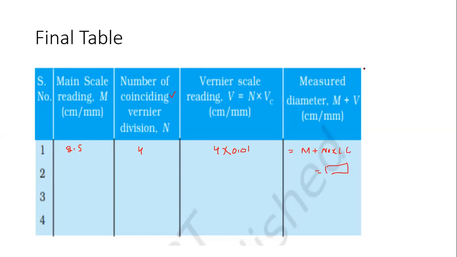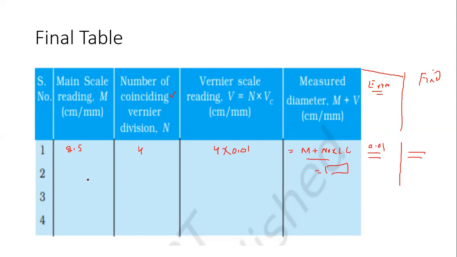If there is an error, you need to add one column here, write down error. If the error is given, for example 0.01, then at the end you can say the final result will be this measured value, and you need to subtract or add and you will receive the final result.